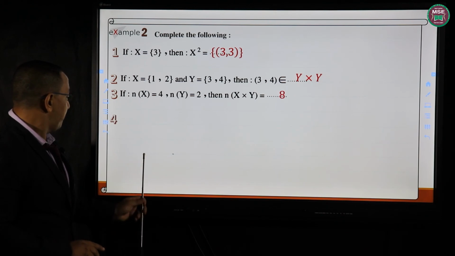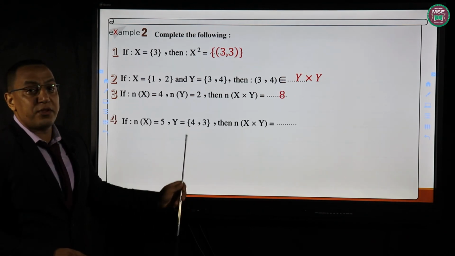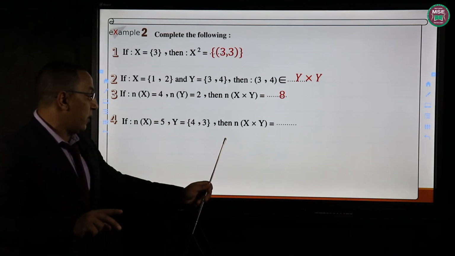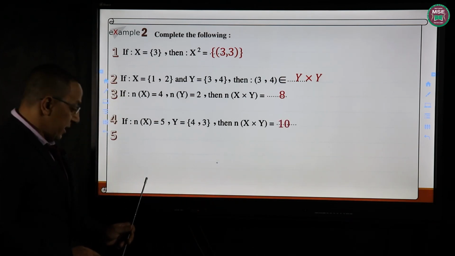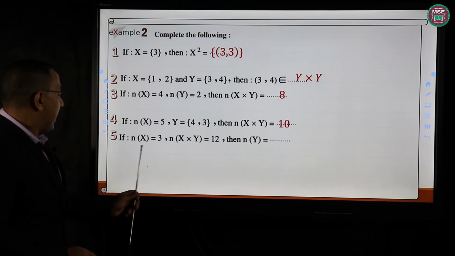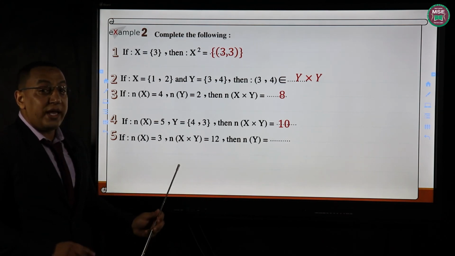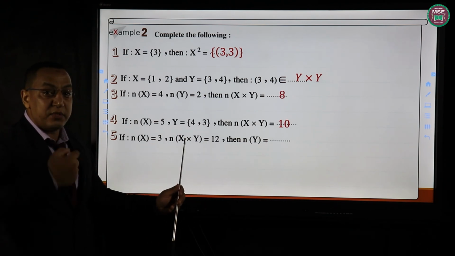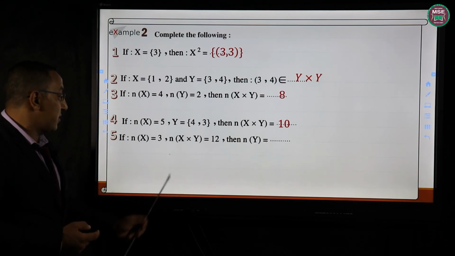And here, number 4, n(X) equals 5, Y includes 4 and 3, so Y includes 2 elements, so n(X×Y) equals 5 times 2, which equals 10. Here number 5, n(X) equals 3 and n(X×Y) equals 12, so n(Y) equals what? 3 times what equals 12? 3 times 4, or I can find this one by 12 divided by 3.